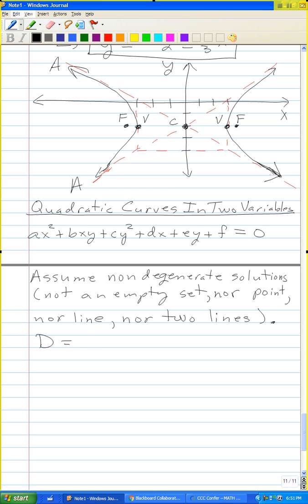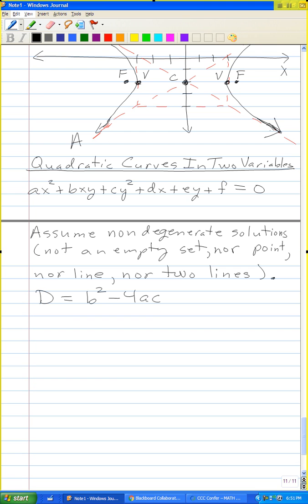Let d equal b squared minus 4ac. Then, if d is 0, it turns out that the solution of this is a parabola. If, in fact, b is 0, then either a is 0 or c is 0.